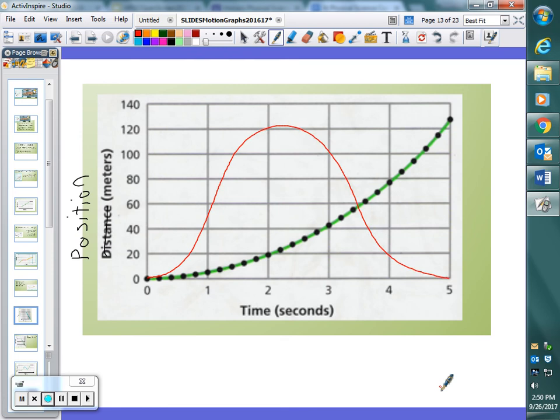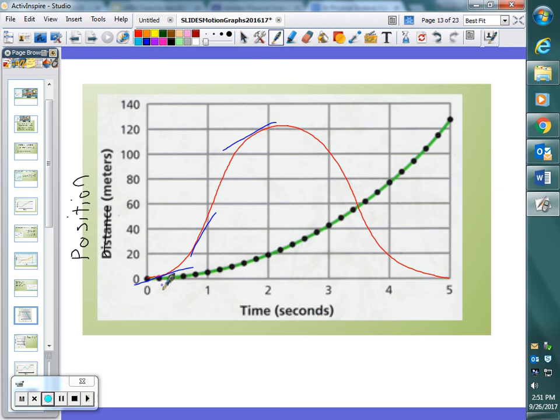okay? So here, and this is getting into the next slide, right? Here, this graph starts off pretty shallow, right? If I draw a line next to it, that line looks like this, okay? Here, that line is steeper. Here, that line is actually less steep than it was before.